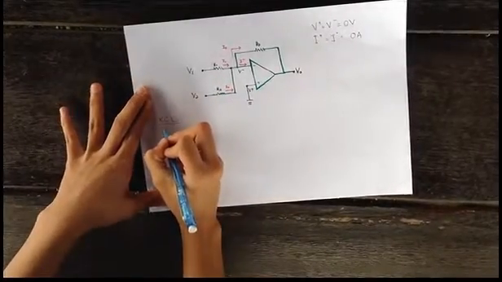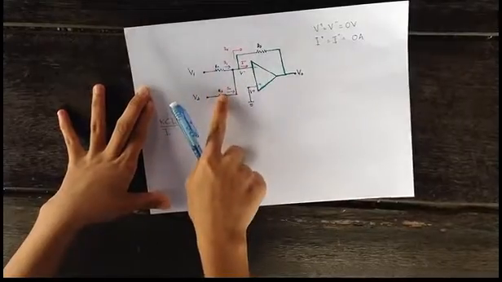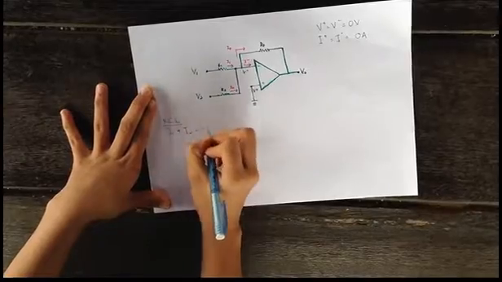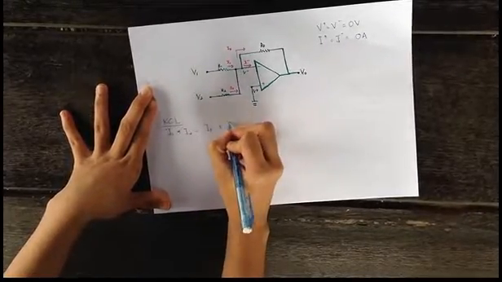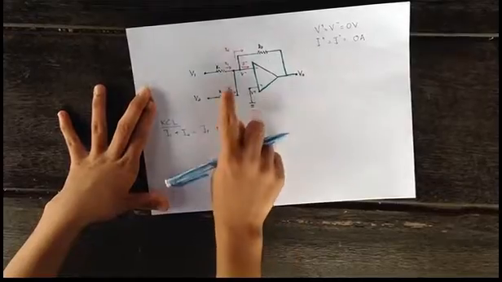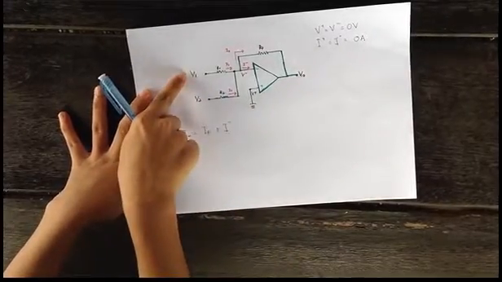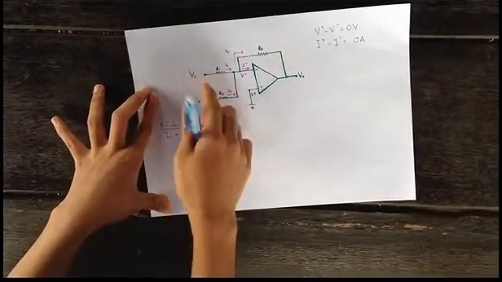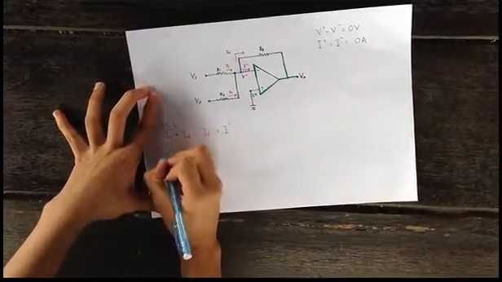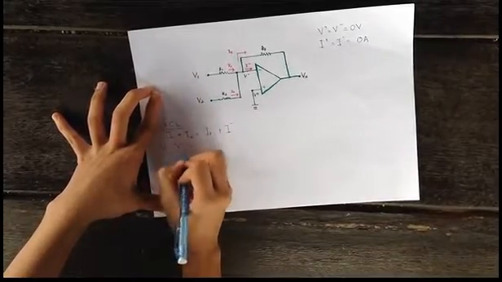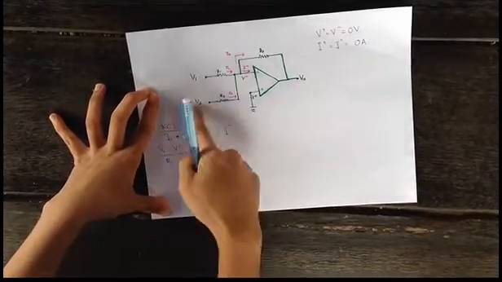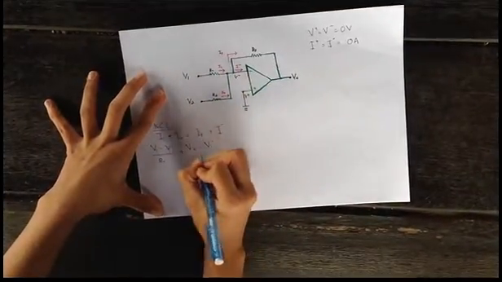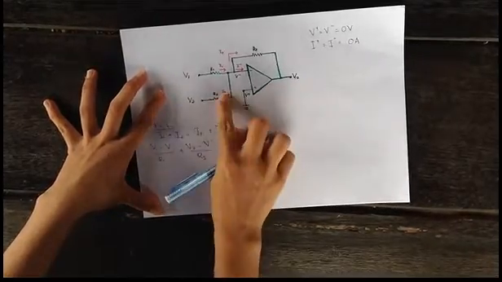As we know, I1 plus I2 is equivalent to IF plus I minus. I1 is equivalent to V1 minus V minus divided by R1, and plus I2, which is V2 minus V minus divided by R2.